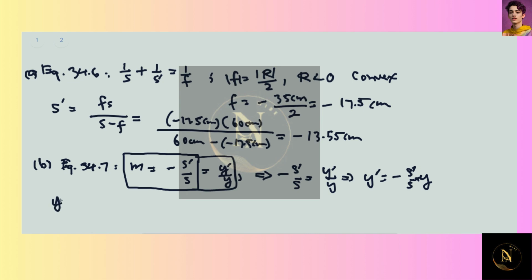And we have that y prime then is equal to minus s prime we just found up here in part A, minus 13.55 centimeters, over s, which we know is 60 centimeters, times y, which we're given as 5 centimeters.